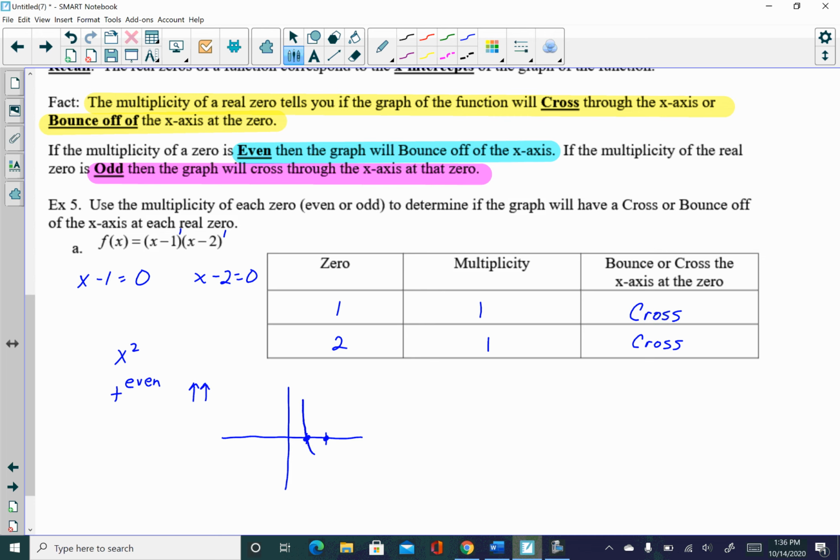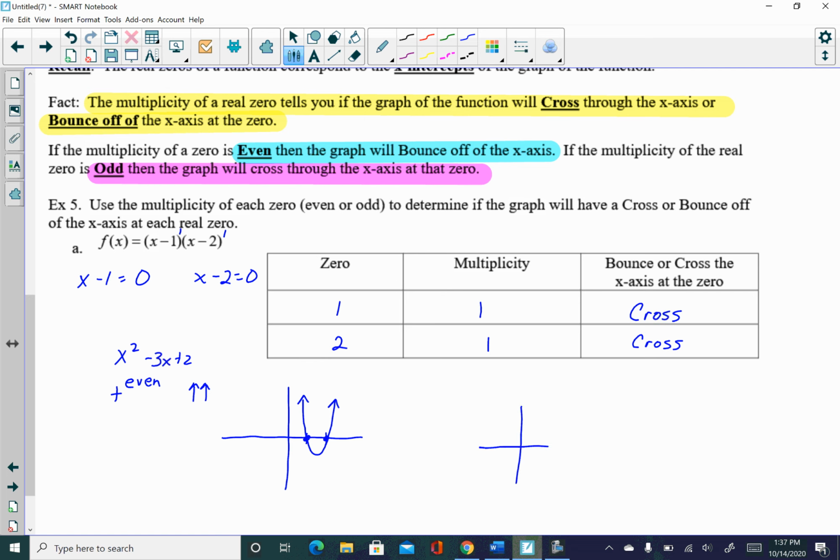And so this would be a rough sketch of this graph here. We foiled this out a few minutes ago and said it was x squared minus 3x plus 2, so we should expect a parabola facing upward, right? And so that's where we're headed. This multiplicity here tells me that I get to cross through both of these zeros.